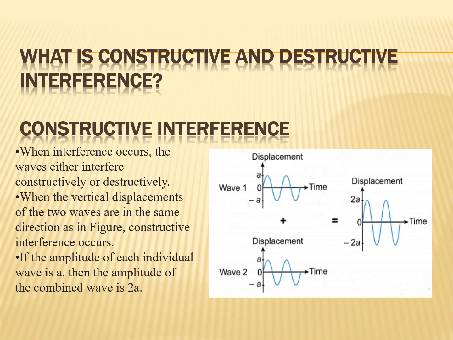When the vertical displacements of the two waves are in the same direction, constructive interference occurs. If the amplitude of each individual wave is denoted with a letter small a, then the amplitude of the combined wave is 2a.